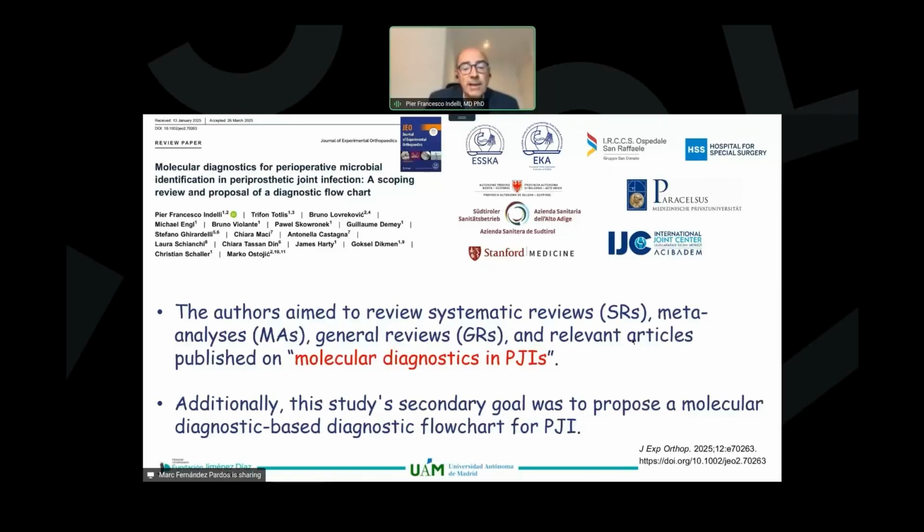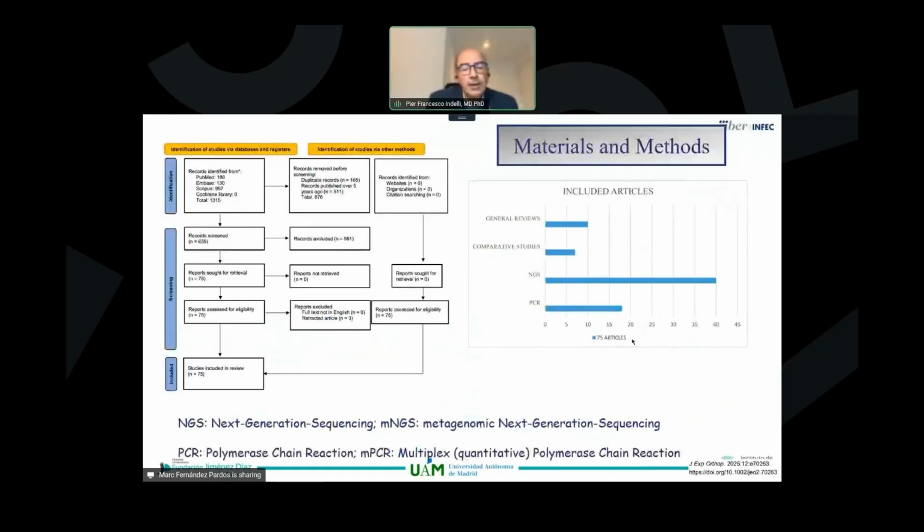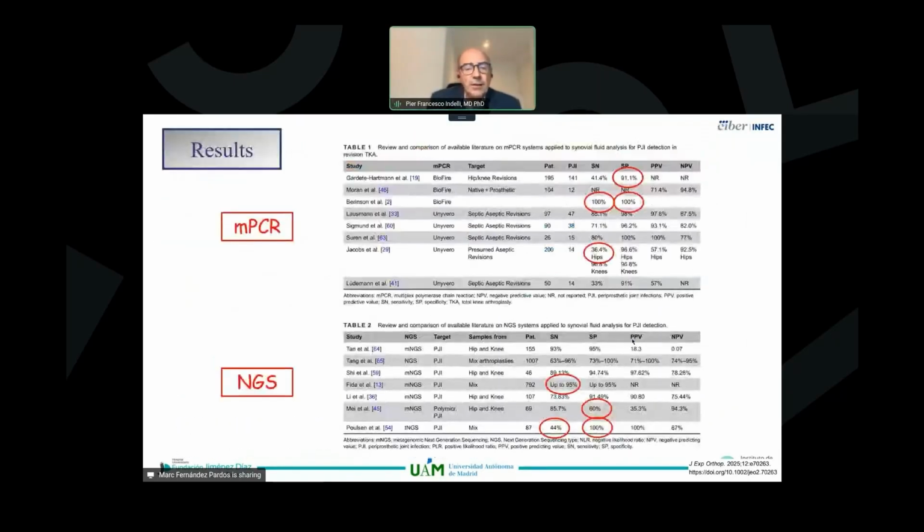We reviewed systematic reviews, meta-analyses, and general reviews published on molecular diagnostics in PJI, and we tried to propose a molecular diagnostic-based flowchart for periprosthetic joint infection. We identified 75 articles, and we found that the sensitivity and specificity of multiplex PCR and NGS were very, very high, in the 90s and 100.